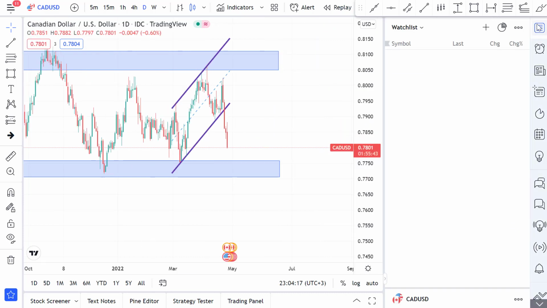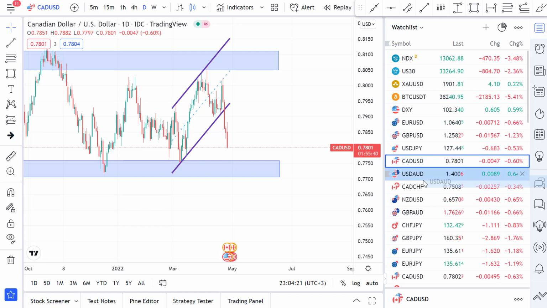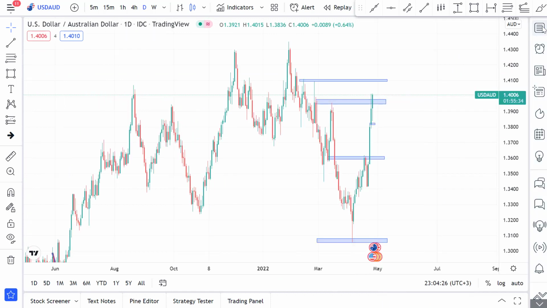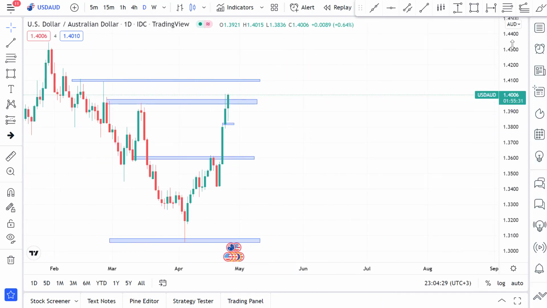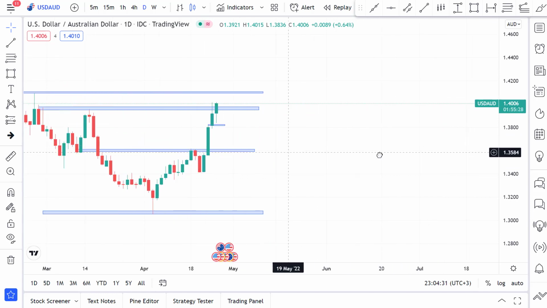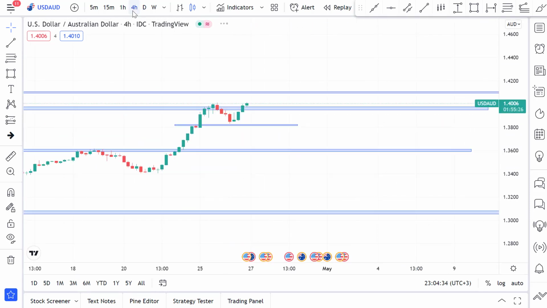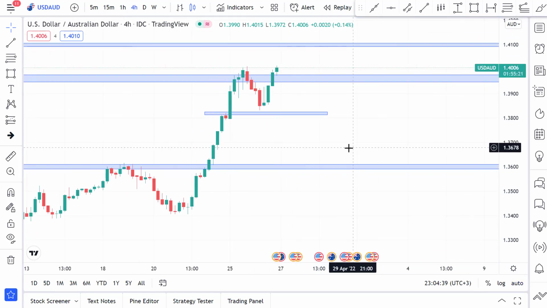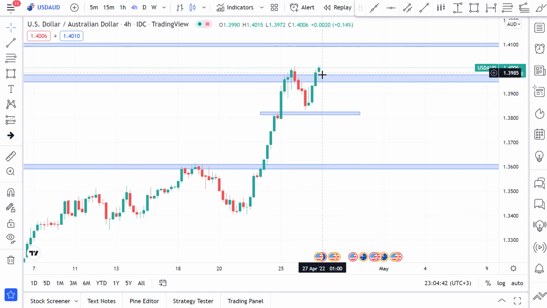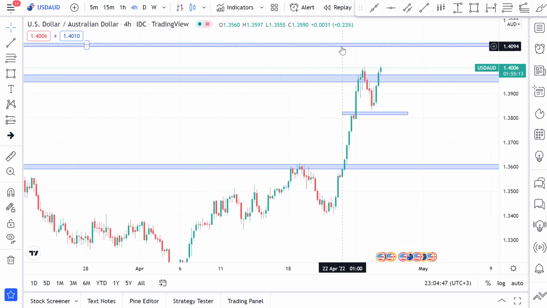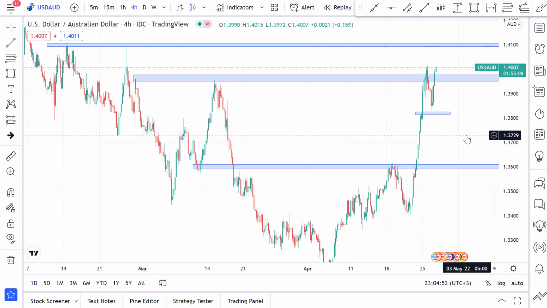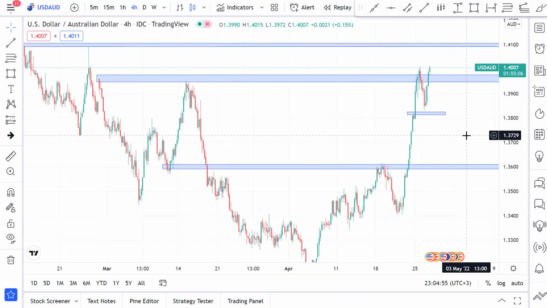All right, and the next item would be Australian dollar or Aussie dollar. Yesterday I told you that these zones act as support and resistance that you see. We had a breakout of this zone, and what I consider for tomorrow would be maybe a pullback to this zone and maybe 1.40 as the next resistance for USD AUD.